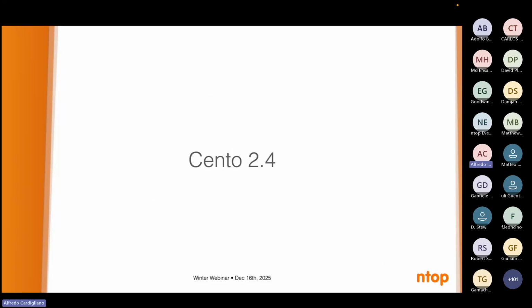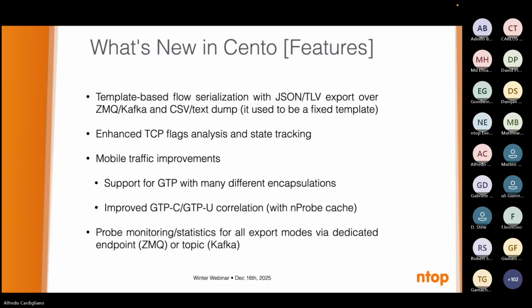But let's move to Cento 2.4, which is the probe where we added more features in this release. First of all, Cento used to be a probe with a fixed template, so it was able to export a fixed number of information elements. We introduced already in the previous release the ability to export information elements with a dynamic template, but this was applying only to Avro over Kafka.